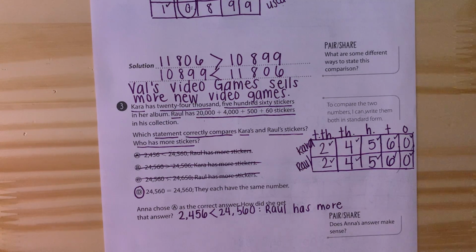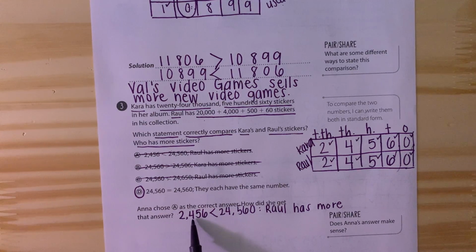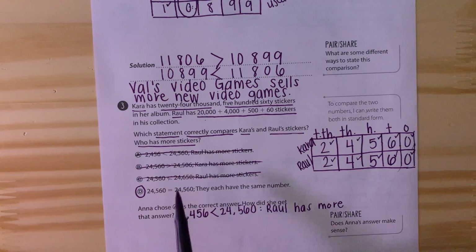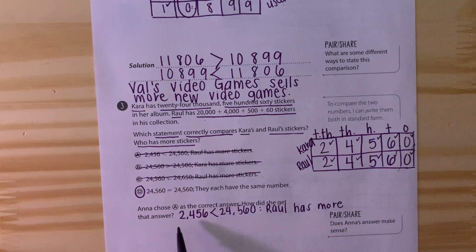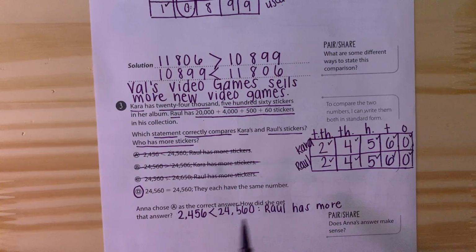So let's dive back into the original problem. The way they worded it was Kara had 24,560 stickers. So if you ask me, it looks like Anna wasn't paying attention to the place value because here it says 24,000 and here Anna's showing 2,400 for Kara.